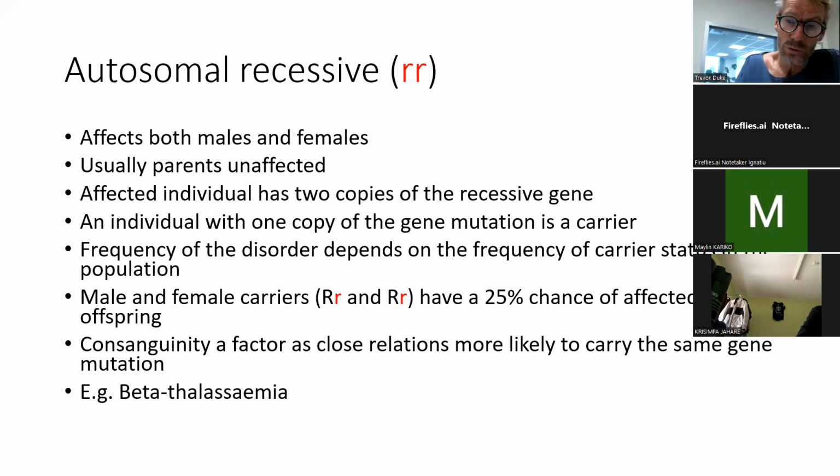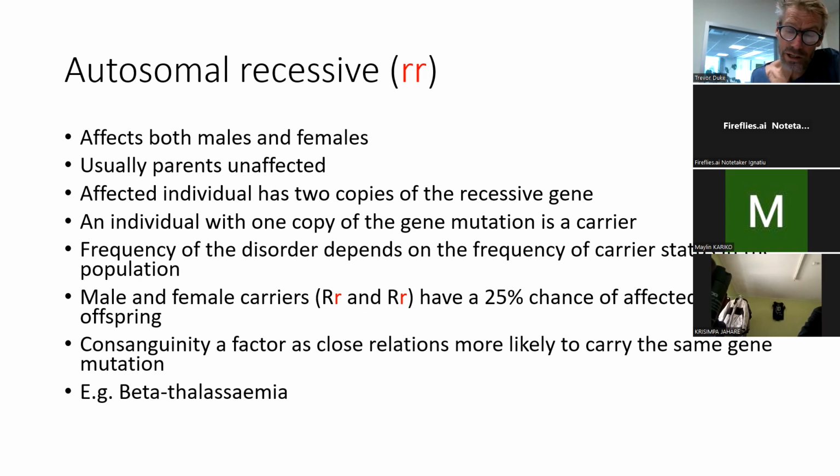We said that an individual such as both parents of a child with a recessive disorder will be a carrier. They'll have just one copy each of that genetic mutation. And the frequency of the genetic disorder, whether it's thalassemia or sickle cell disease, will depend on the frequency of the carrier status in that population.